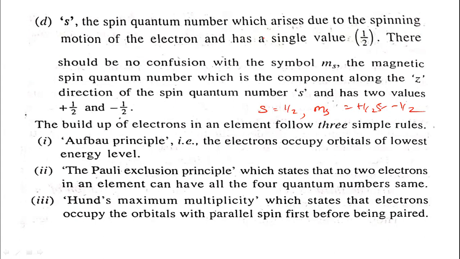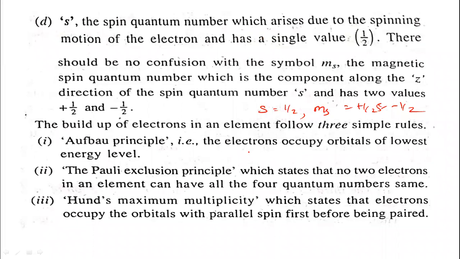Second rule, the Pauli's exclusion principle. Actually, you have studied these rules in the FY BSc class. The Pauli's exclusion principle states that no two electrons in an atom can have all four quantum numbers the same.